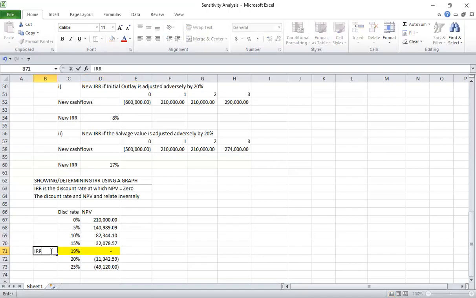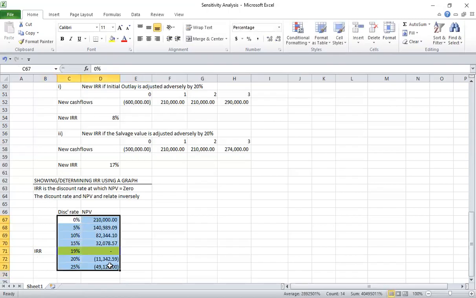Rate of return. But of course, what the question wanted is that we show the internal rate of return on a what? On a graph. So we therefore have to come up with a graph for this info.